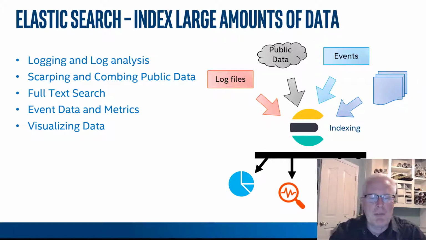The cool thing about ElasticSearch is it does a great job at indexing files as they're coming in, or logs as they're coming in. The nomenclature that they use is primarily documents. So every document that you send in gets indexed. And because it's indexed, now I can do a lot of different visualizations off of that using several different tools that are out there today.